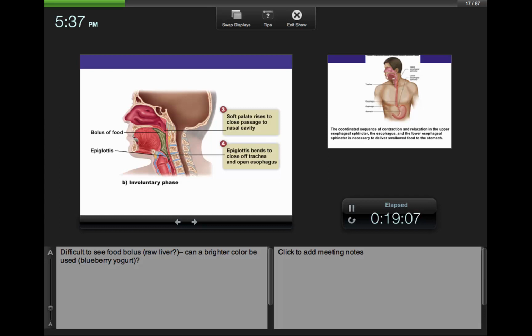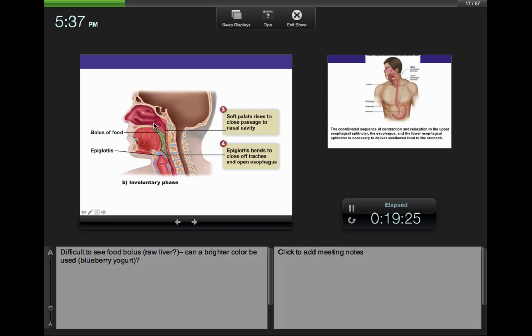That epiglottis, that omega-shaped structure, bends over the windpipe, bends over the trachea. I should say this is the larynx area, glottis larynx.